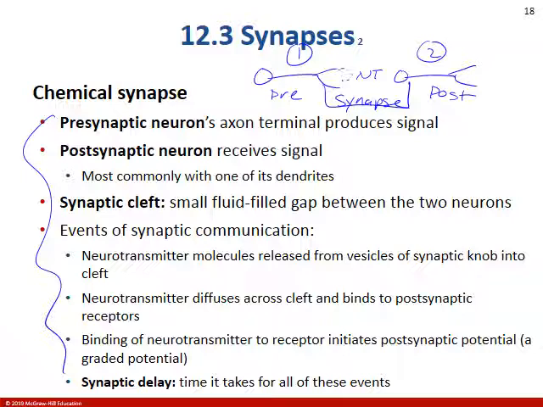And because we're releasing a neurotransmitter, and because it has to be picked up by the dendrite of the second neuron, we have to generate a potential. That potential has to travel down the axon and cause action to happen at the synaptic knob of the second neuron. This takes time, right? There's a delay in time for all these events to occur. So electrical synapse is fast, usually found in the brain. Chemical synapse is what we're most familiar with, where we release a neurotransmitter, but it is going to cost a little bit more time.